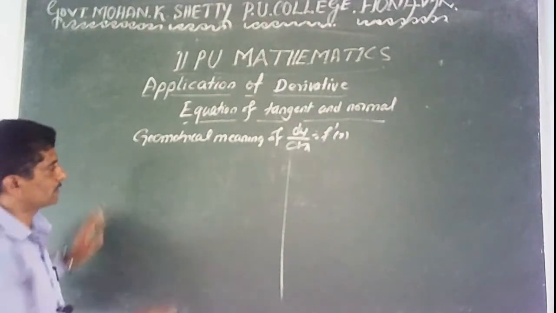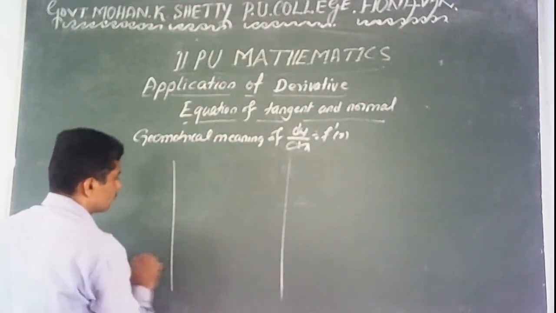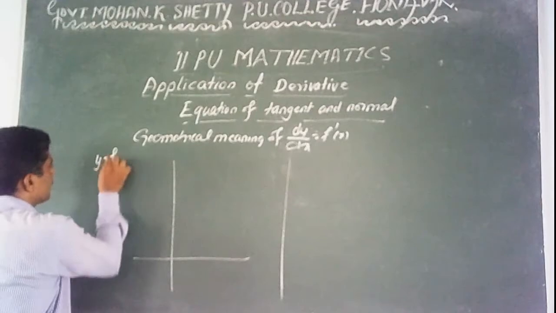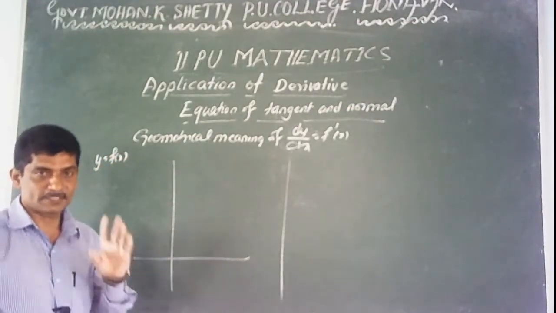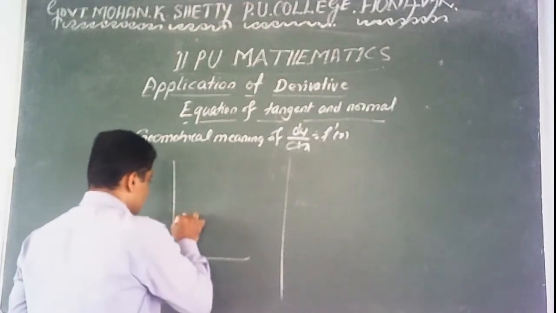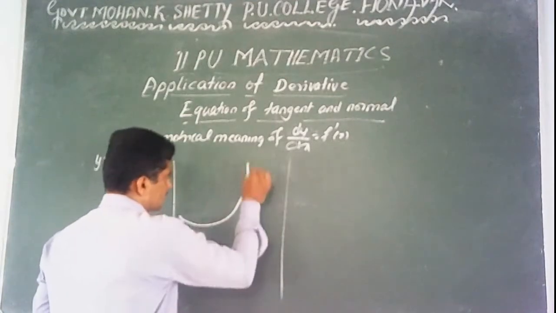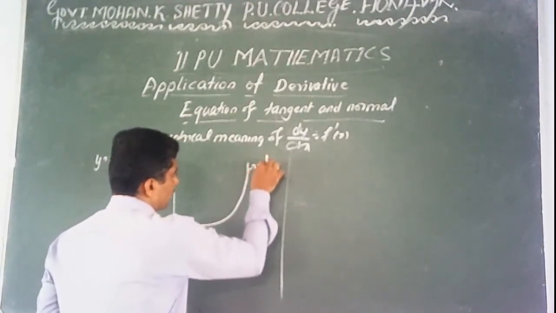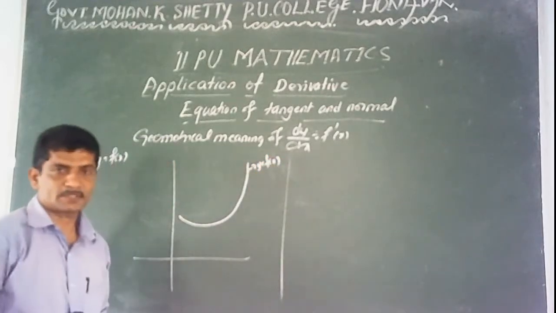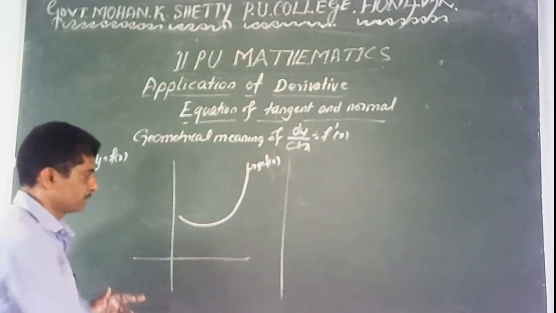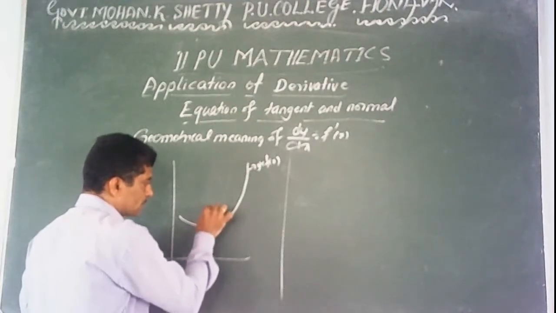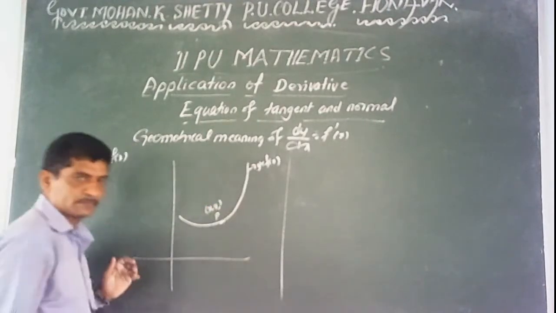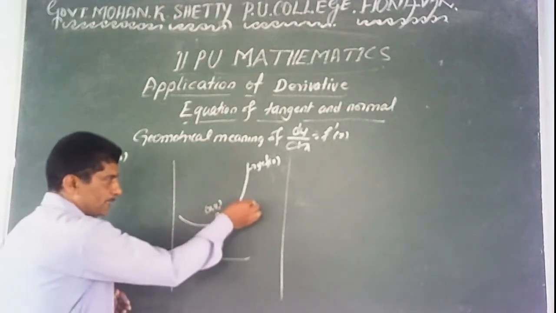So, what does it say? This one, y is equal to f of x, is a real valued function. Suppose this function is continuous and differentiable. You say that this one is the curve like this. Y is equal to f of x, the given curve, continuous and differentiable. Suppose here you take P as the point (x1, y1). It's clear. PT is tangent.